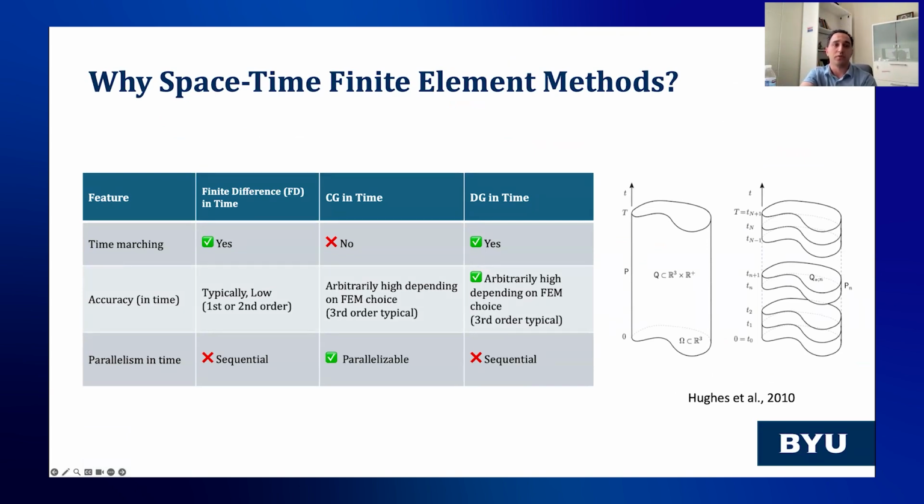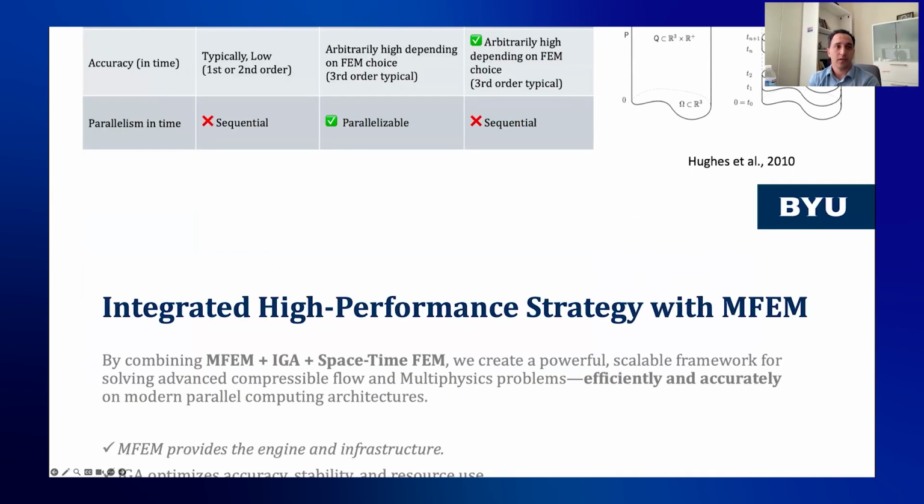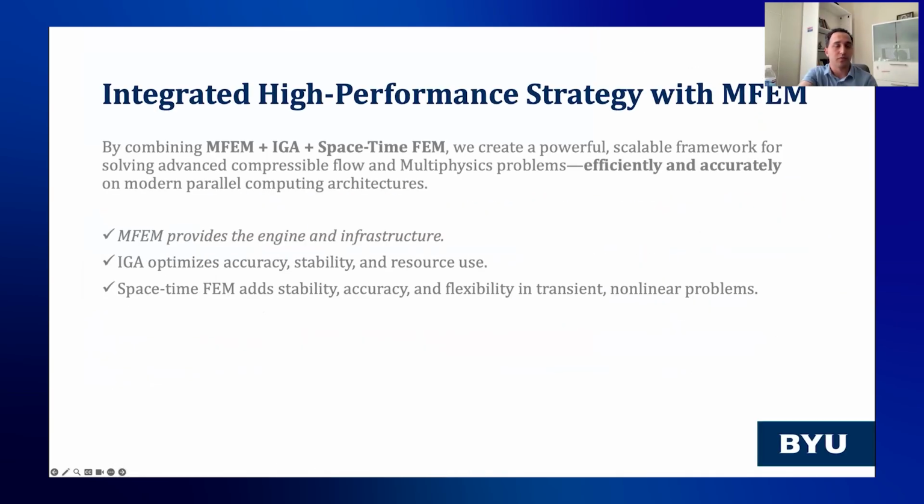Alternatively, we could use discontinuous Galerkin in time, having the benefit of the finite difference as time stepping, and also the nice conservation properties of space-time. We could use discontinuous Galerkin in time and continuous Galerkin in space. So we would like to use MFEM, IGA, and the space-time finite element method in our research.